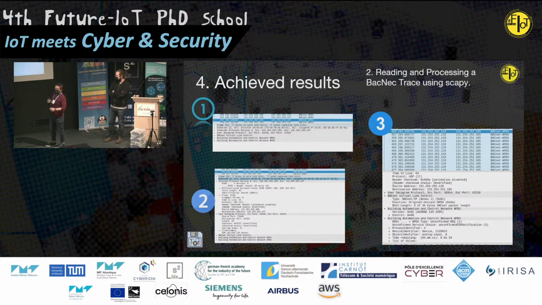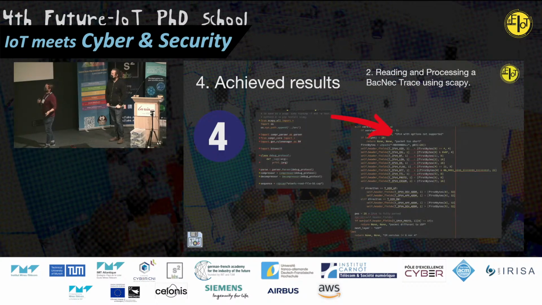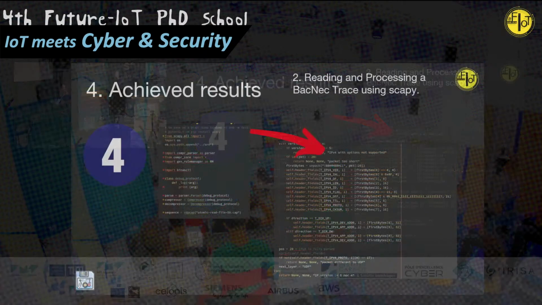And finally, we have some code in Python with Scapy, a library that allows us to read the pickup file with the Wireshark trace packets. So finally, what we did was reverse engineering. For IPv4 it was really easy, but it took a long time to review all the headers.